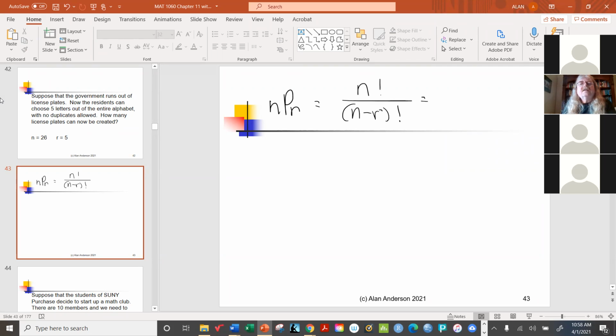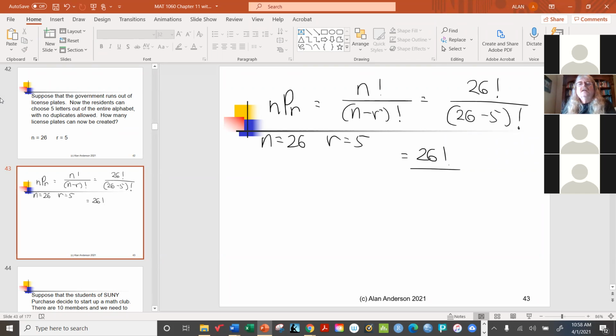So we have 26 for N, R is 5. So we have the ratio 26 factorial over 21 factorial.